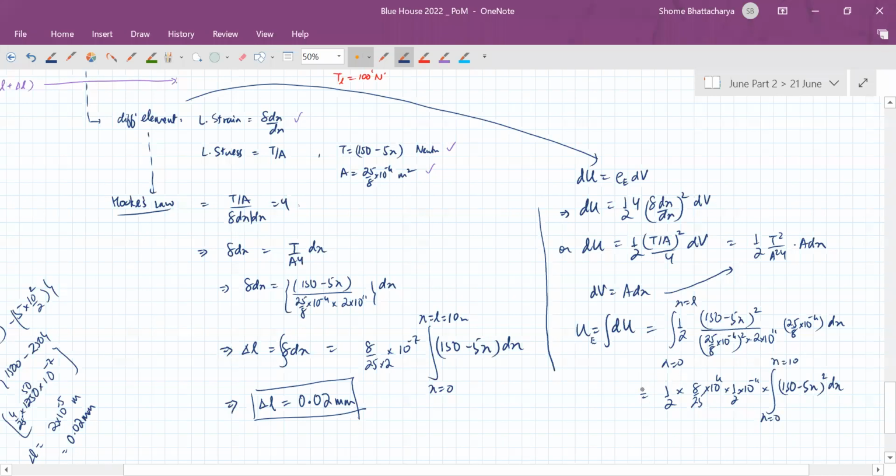So this kind of an expression we get for the total potential energy stored. Okay, so for doing this integration, you don't need to expand this whole term, 150 minus 5x whole squared. Just take that as a substituted variable. Take 150 minus 5x as z or t or something. That will be more convenient for doing the integration.